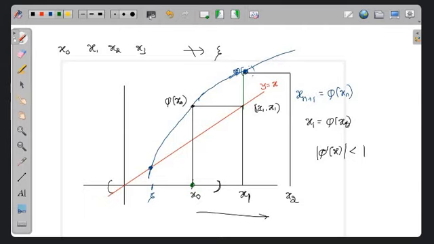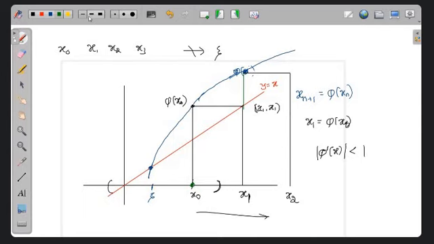For example, if you found out the root is in between 0 and 1, then while writing x equal to phi of x, you make sure that the derivative of phi of x is less than 1 in that interval 0, 1.